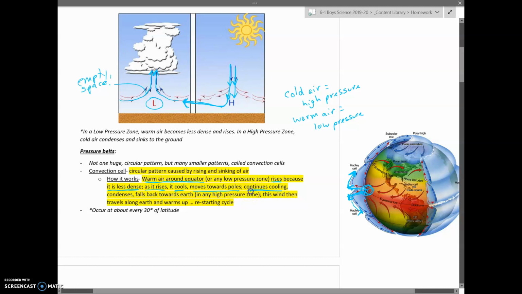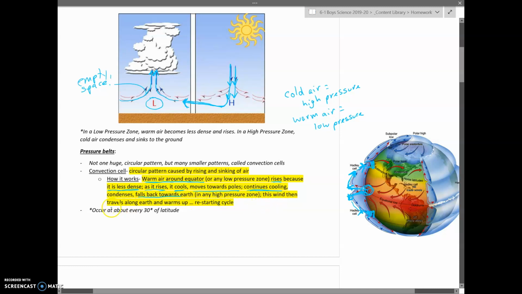It continues cooling as it moves away from the equator until it becomes so cold and so dense that it falls back down towards the Earth, in any high pressure zone.